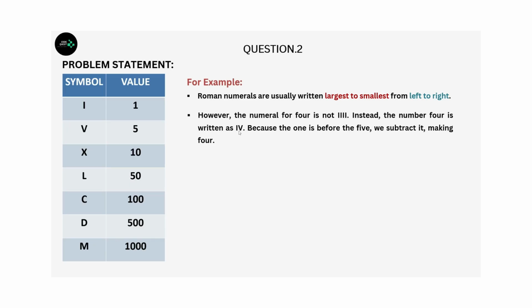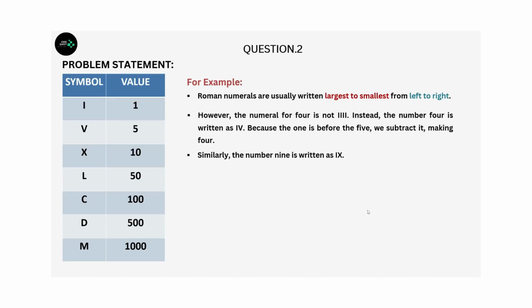Rather, I have to write I followed by V, where I represents 1 and V represents 5. So, here I need to subtract the I value from V value, that is 5 minus 1 makes it 4. Very similarly, if I have to write 9, I will write I then X because X represents 10 and I represents 1. So 10 minus 1 makes it 9.